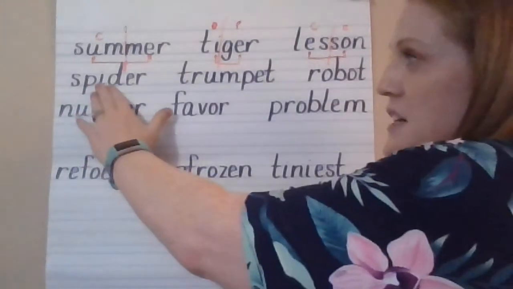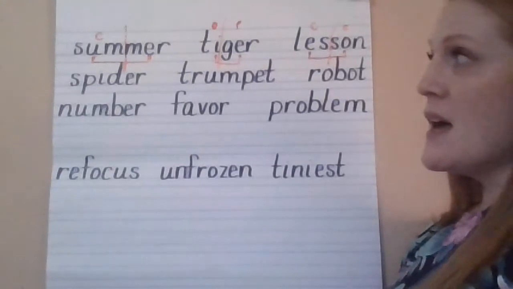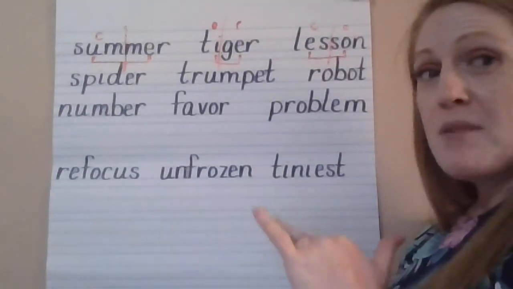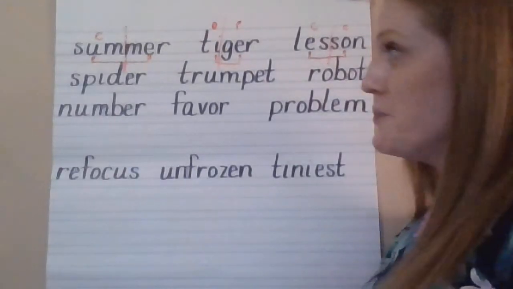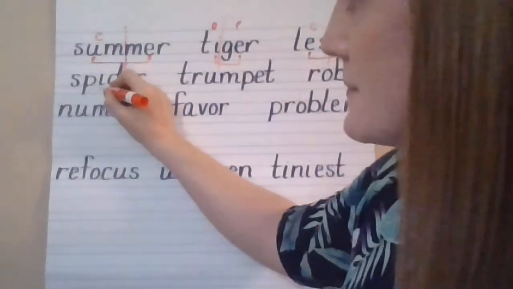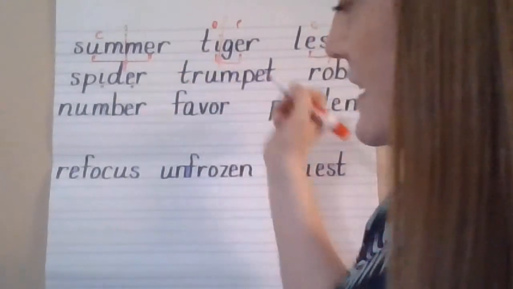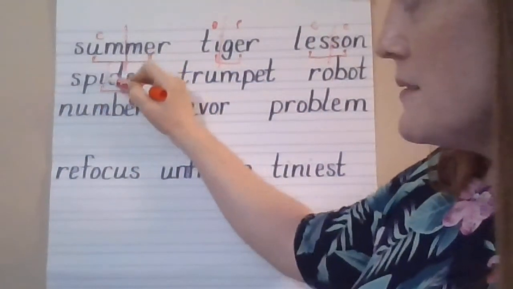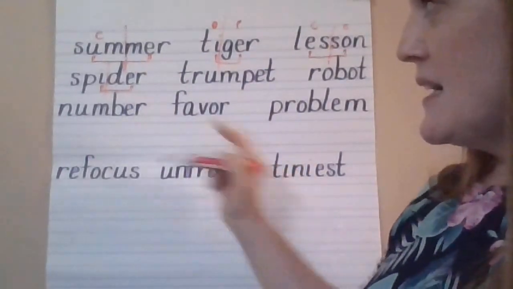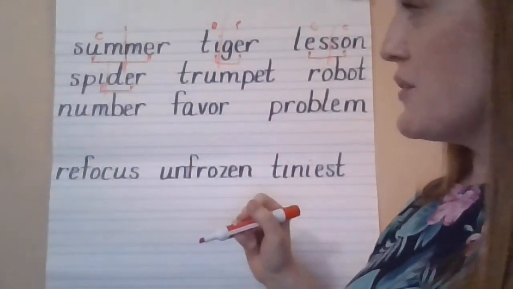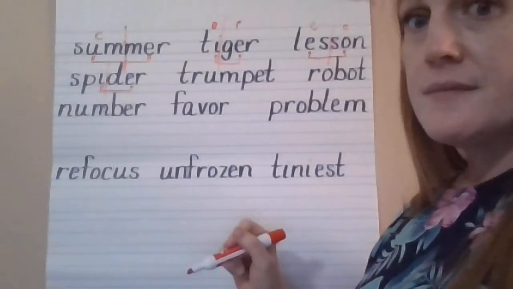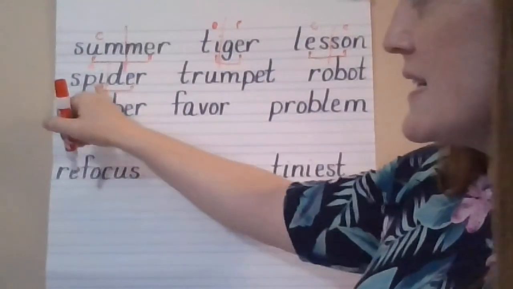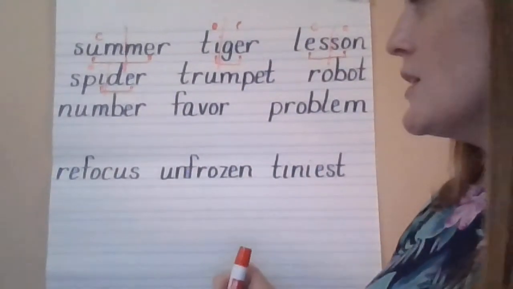All right, we're going to come down here to this line. I'm going to break it up. Then you guys are going to say the sounds as I tap to them, and we'll read it together. I and E. Draw my bridge before the D. What kind of syllable do we have here? An open syllable. We know that because it ends with this I, and the I is going to be long.